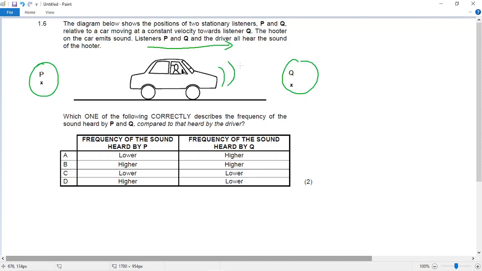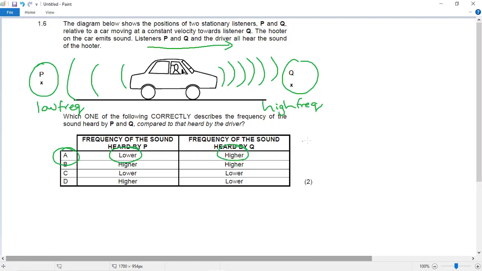The car is pushing into its waves towards Q, and the car is moving away from its waves to P. So this end is going to be the high frequency, and this end is going to be the low frequency. Which one of the following correctly describes the frequency of the sound heard by P and Q compared to the driver? P is going to be hearing lower and Q is going to be hearing higher, so it is answer A.